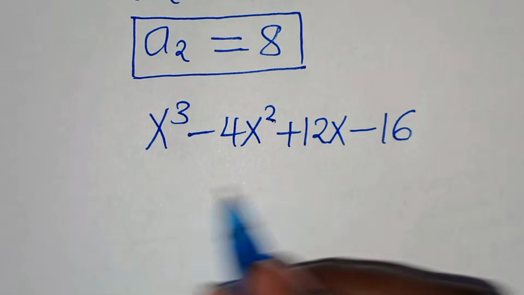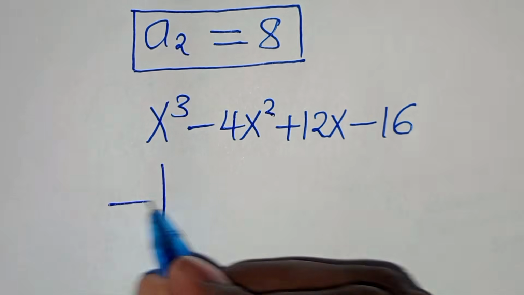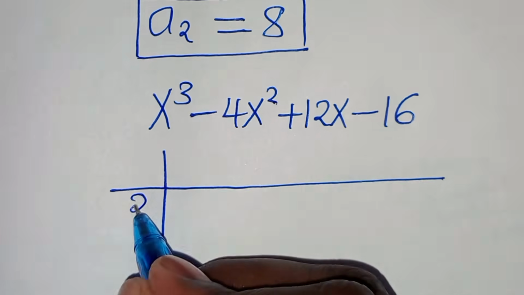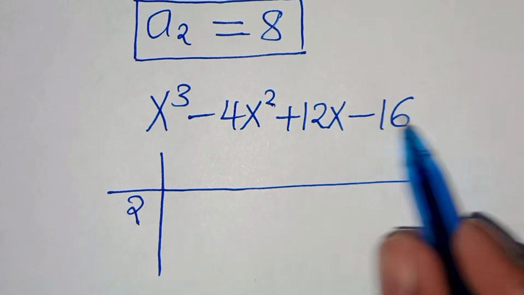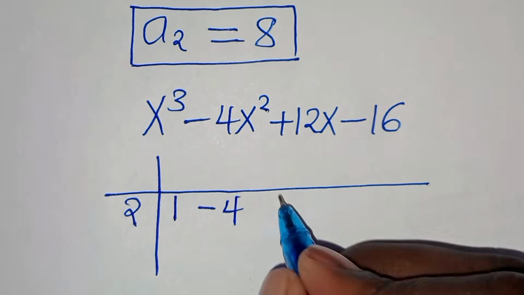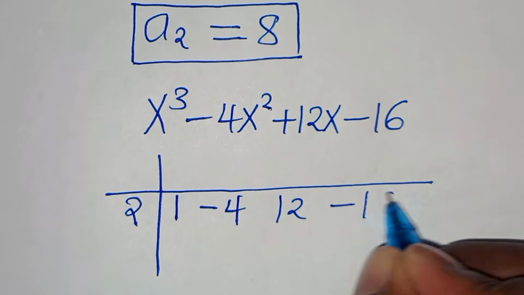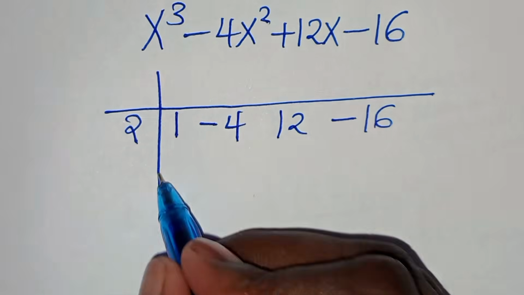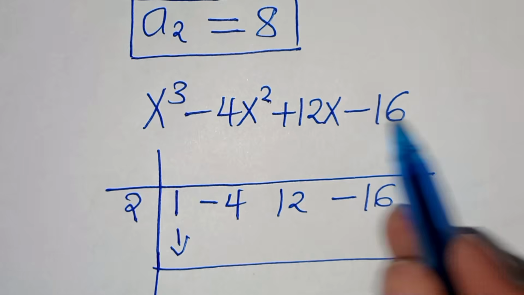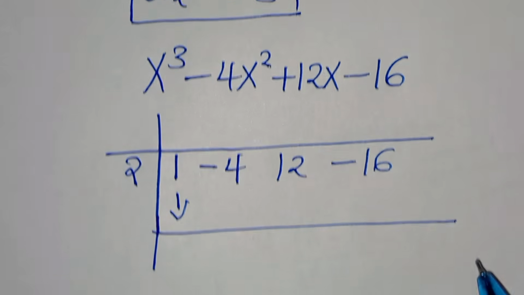Now, we can apply synthetic division here. Since x is equal to 2, the coefficients of this cubic equation are 1, minus 4, 12, and minus 16. So we can solve for the other values. Let's reduce this cubic equation into a quadratic equation.